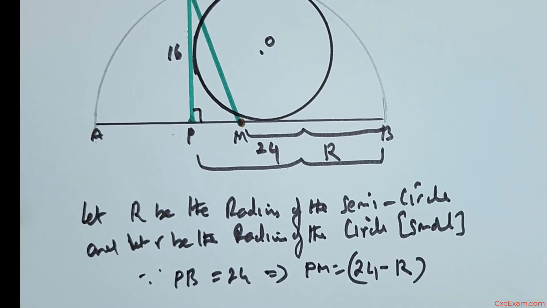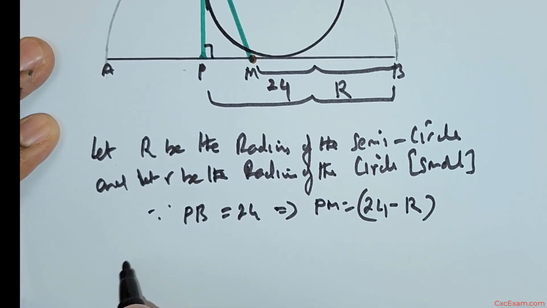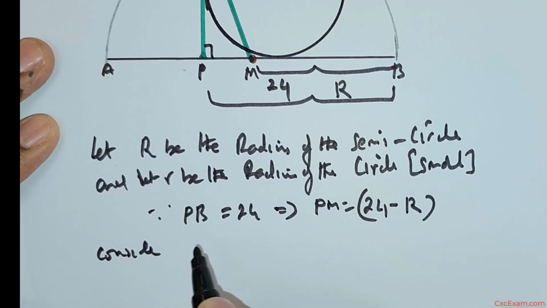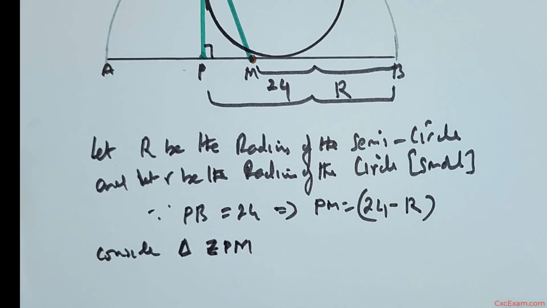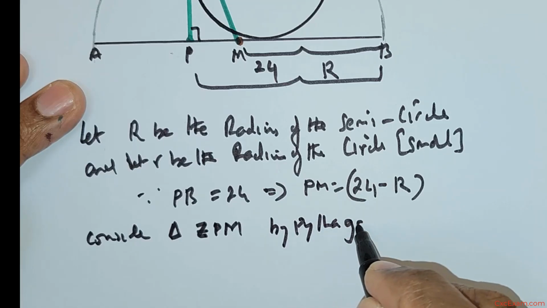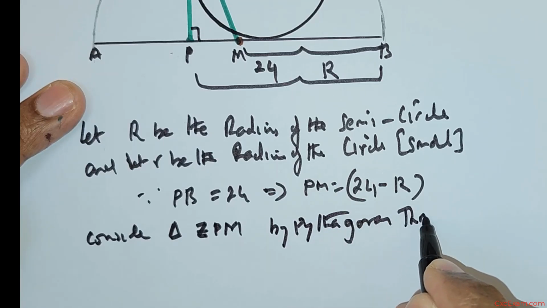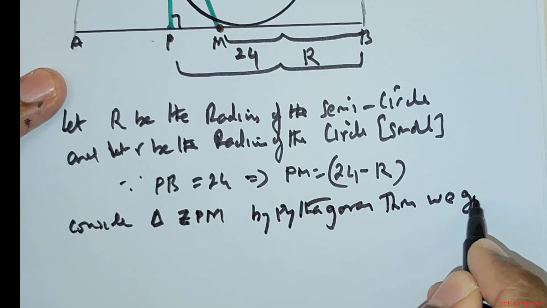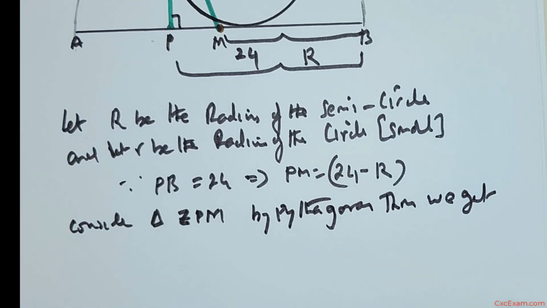Okay, so consider triangle ZPM, and by Pythagoras theorem we get, so what do we get by Pythagoras theorem?